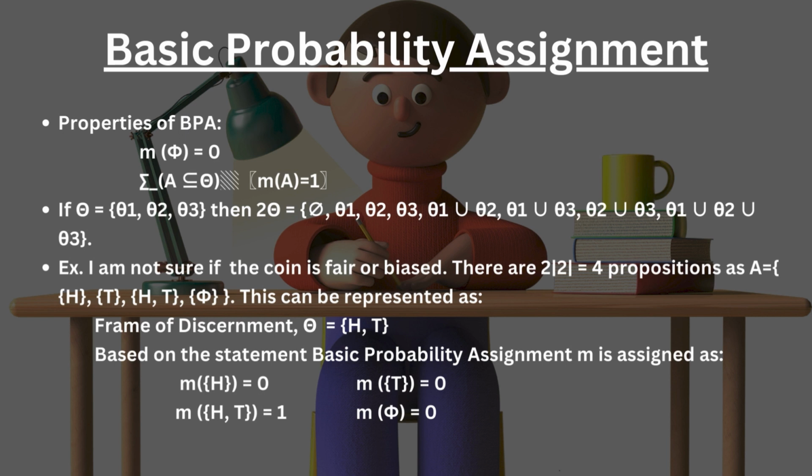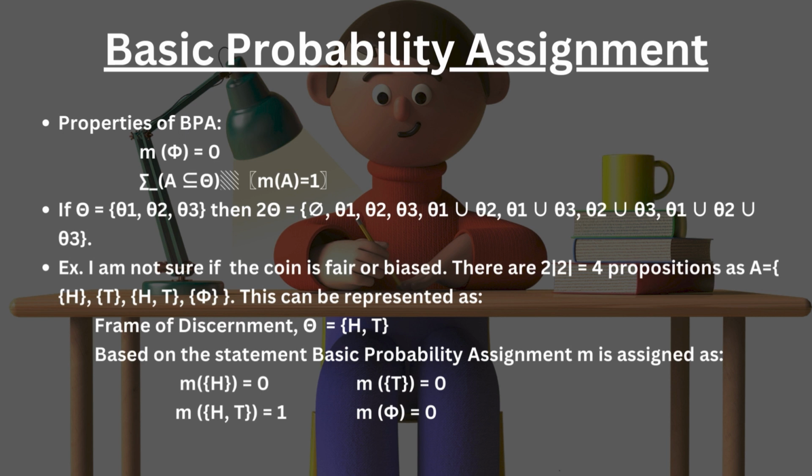We will further see this coin fairness assessment example. Suppose we are unsure whether a coin is fair or biased; the possible outcomes are head and tail. Here the frame of discernment, as we have discussed, is represented as theta, head and tail.